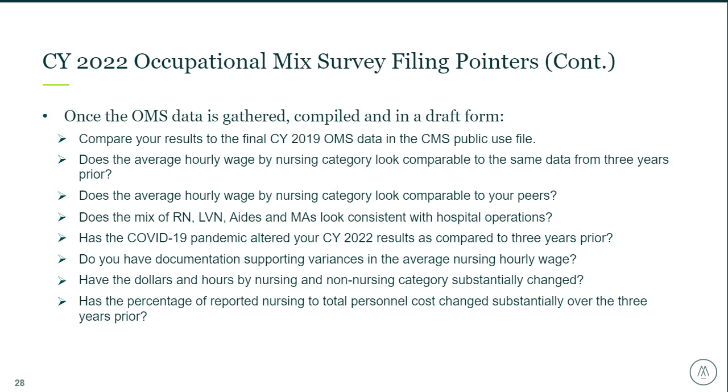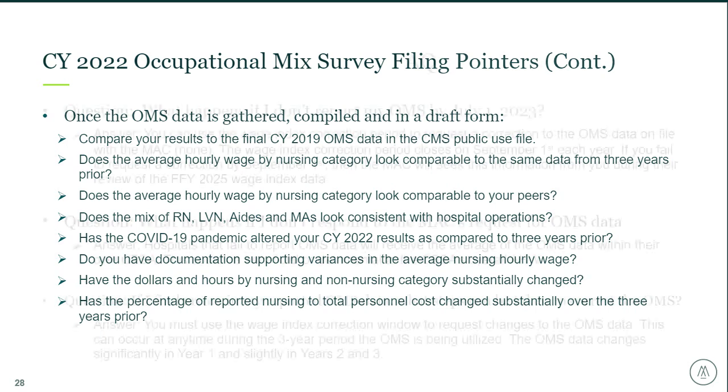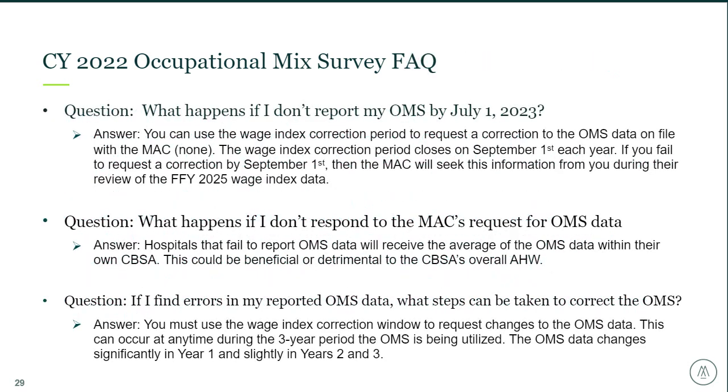And then finally, has the percentage of reported nursing to total personnel costs changed substantially over the 3 years prior? There's really just lots of analytics and questions that one needs to apply before sending in and submitting your occupational mix survey. And then finally, we have a slide here that are commonly asked questions.